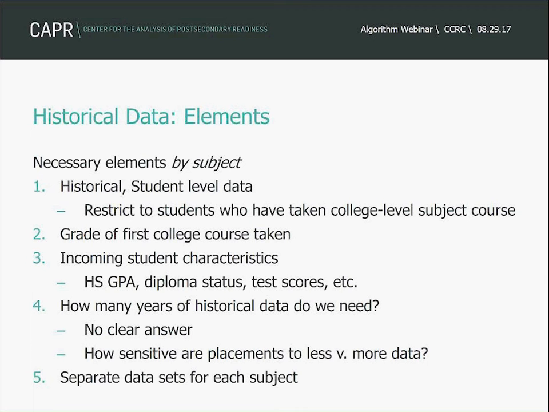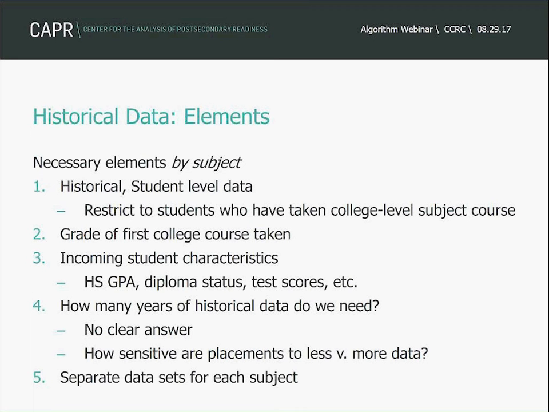You want to restrict, for the purpose of the historical data, or for what the algorithm is estimated on, to students who have taken a college level course in the subject of interest here. So for instance, you want to make sure that the algorithm will be estimated on students who have taken the college level course in math, if you're going to estimate the algorithm for math class.